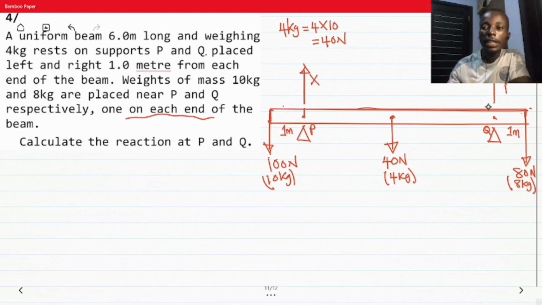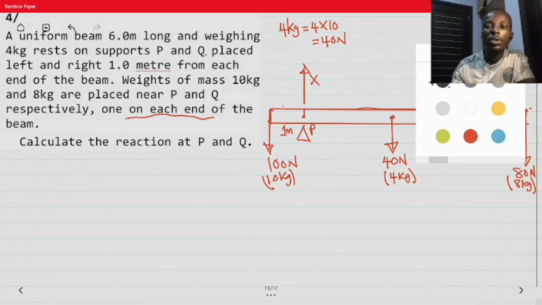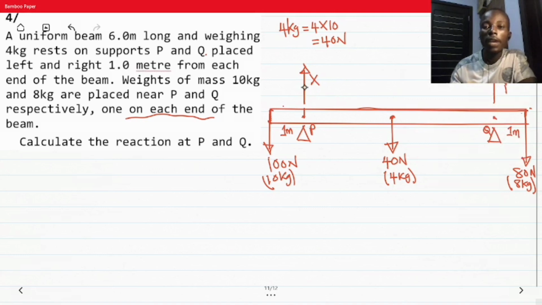Just like I did in the first example in this topic, we have 5 forces here: 1, 2, 3, 4, 5. So I am finding X and Y, the reaction forces.